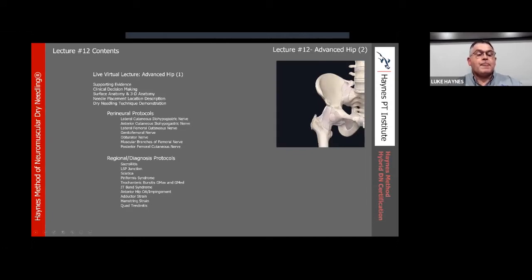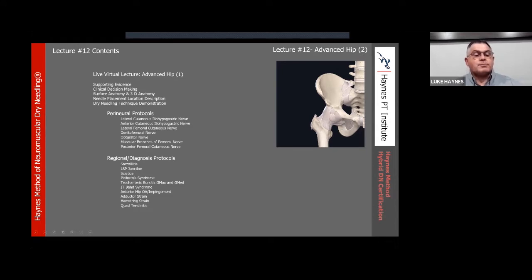Perineural, we'll look at the lateral cutaneous iliohypogastric nerve, anterior cutaneous iliohypogastric, lateral femoral cutaneous, genitofemoral, the obturator, the muscular branches of the femoral, and the posterior femoral cutaneous nerve. I believe if I'm missing the saphenous nerve, it'll be included in an update, an addendum.